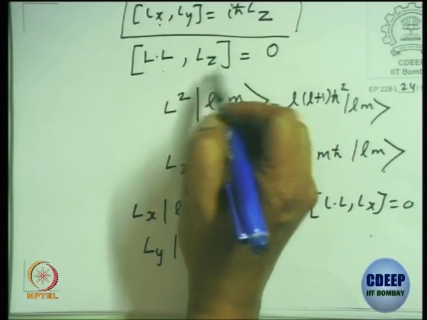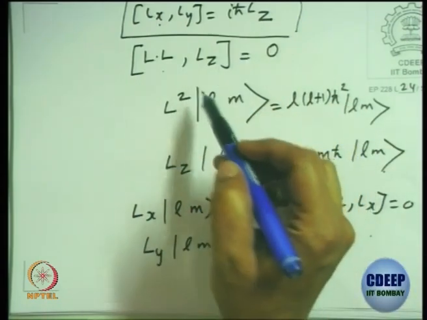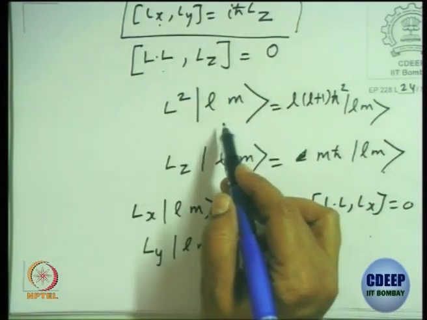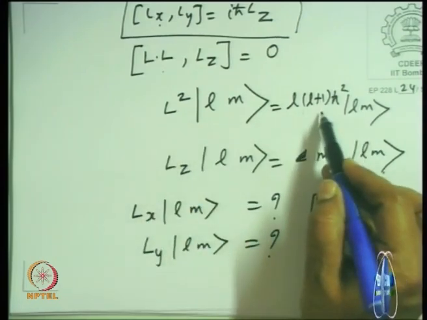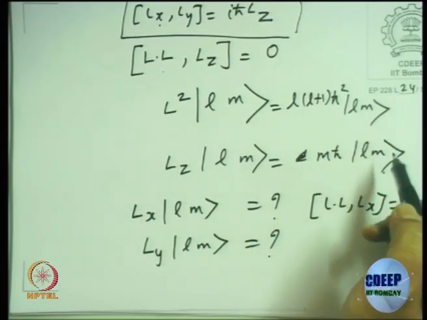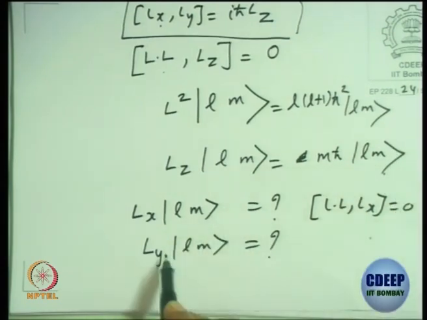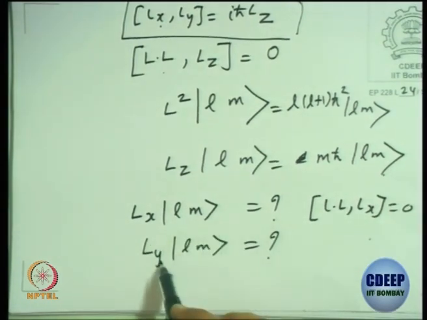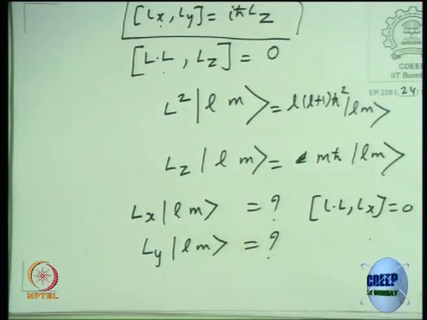For convention, we are going to take it with respect to Lz, and we write a simultaneous eigenstate of Lz and L dot L, and these are the eigenvalue equations with eigenvalues which we have seen when we discussed the hydrogen atom. And the questions we should ask is how Lx operates on |l m> and similarly how Ly operates on |l m>. Okay, what do we get are the questions which you would like to know.